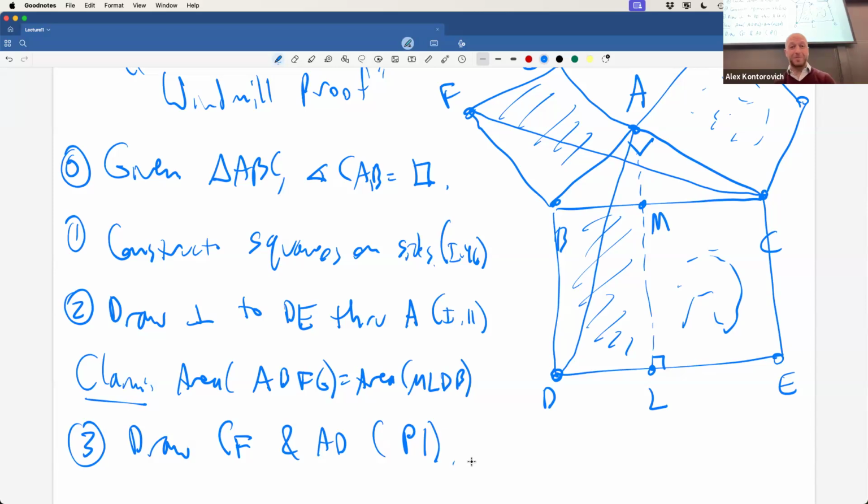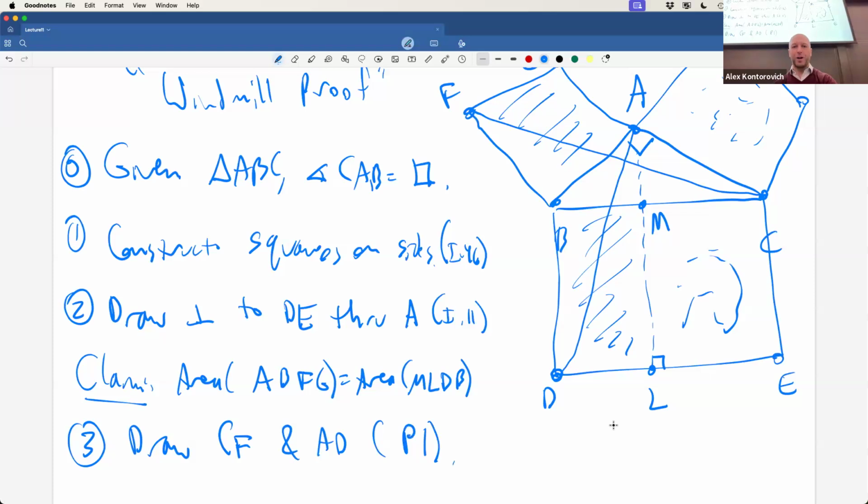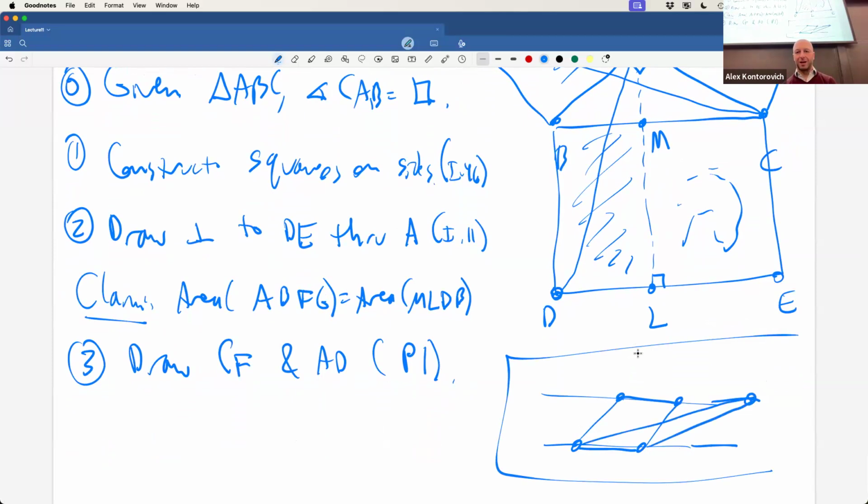Okay. Now, there's a theorem. I think it's called I-41. Let me have a little aside over here: if you have two parallel lines and you have a parallelogram between those two parallel lines, or you have a triangle with the same base as the parallelogram, the area of the parallelogram is twice the area of the triangle.